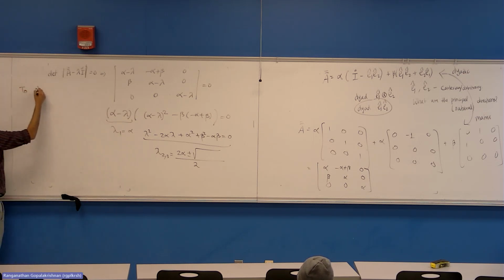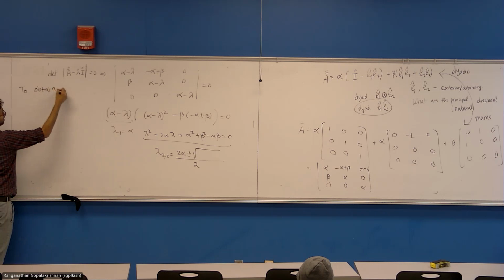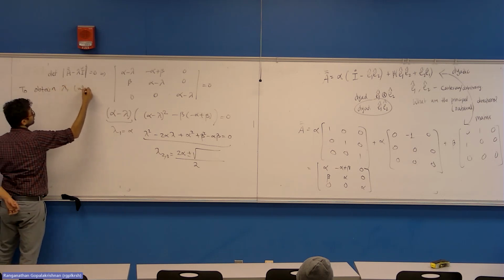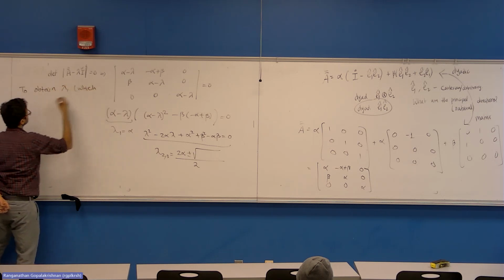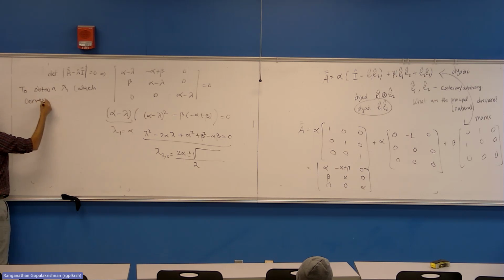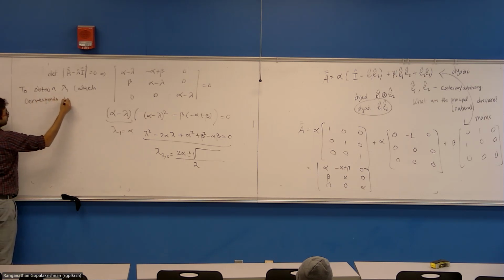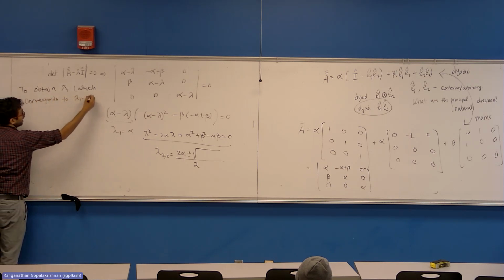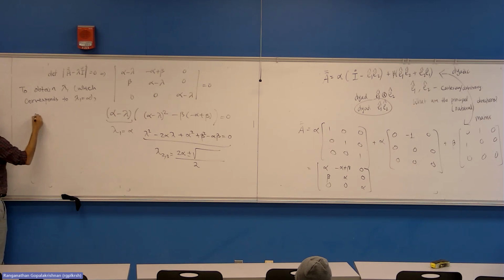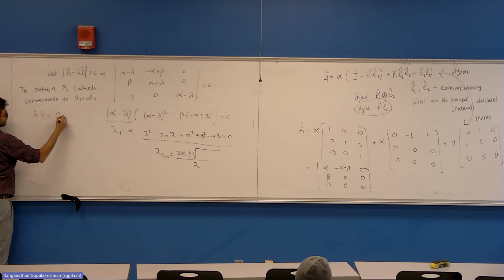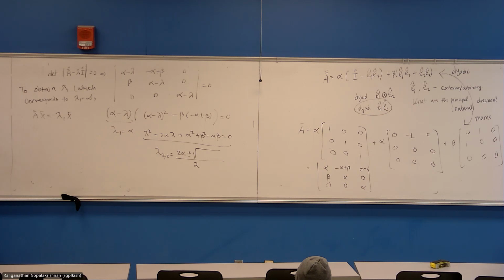To obtain gamma 1, which corresponds to lambda 1 equal to alpha, we write A times x equal to lambda 1 times x. What is A?